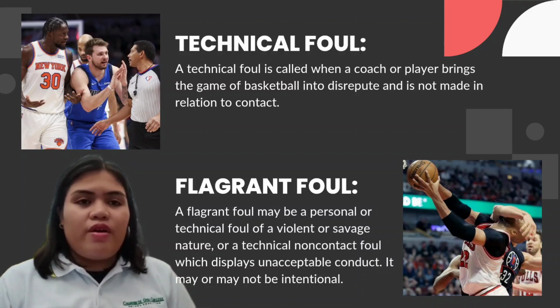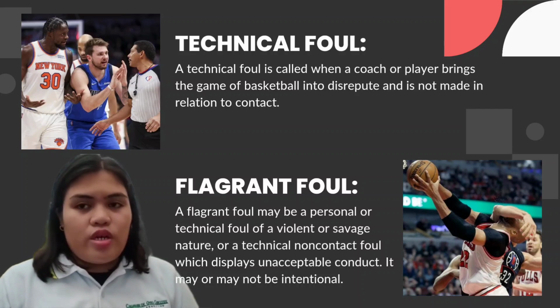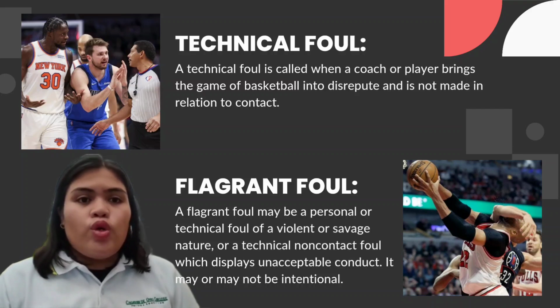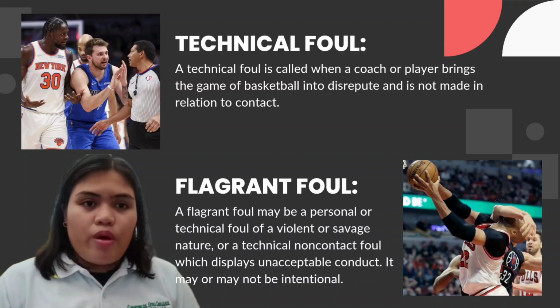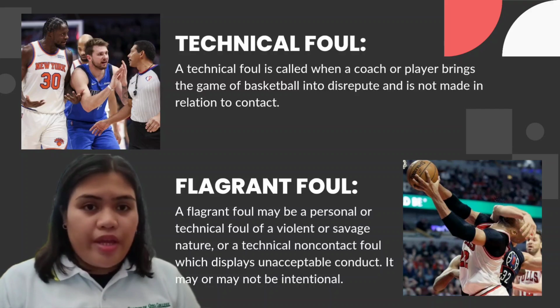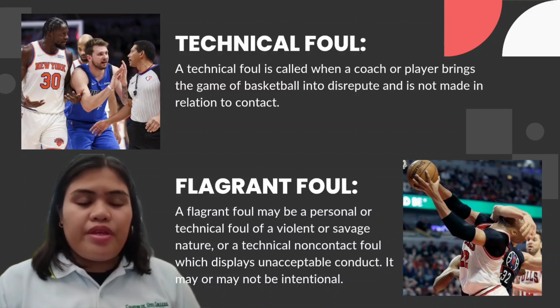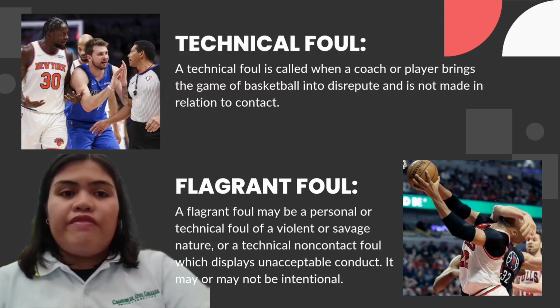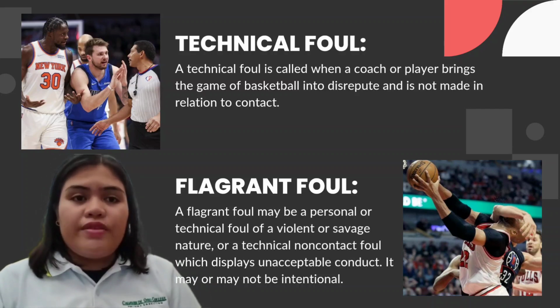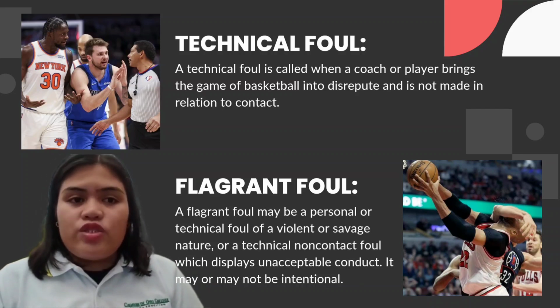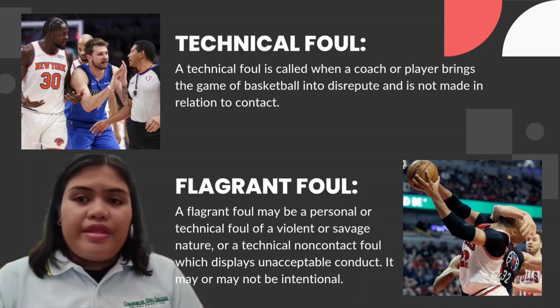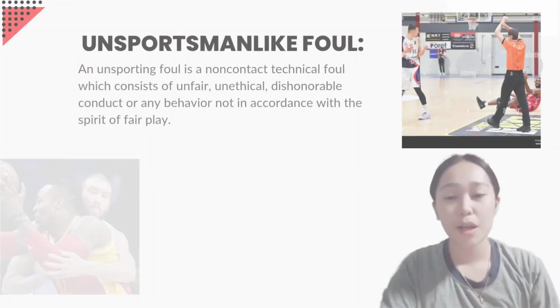The second type is a more severe foul involving violent, reckless, or intentional contact. It leads to 2 free throws, possession of the ball for the opponent, and ejection of the player committing the foul from the game. Flagrant fouls are assessed based on severity, intent, and nature of the contact, aiming to protect player safety and maintain sportsmanship.